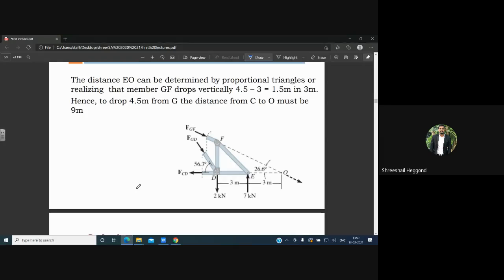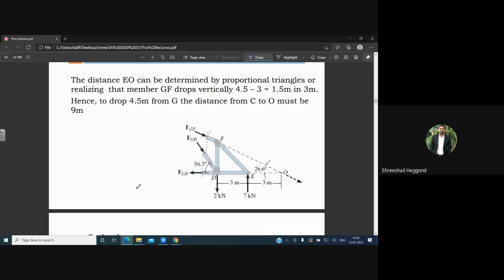The distance between E and O, that is the extended point, the imaginary line, where you can find out the theta value by considering the extended line. EO can be determined by proportional triangle, or by realizing that the member GF drops vertically 4.5 meter down by 3 meters, so the remaining distance will be 1.5 meter in 3 meters.